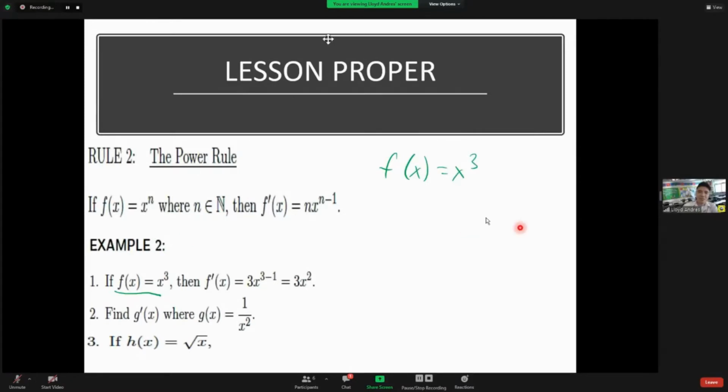Okay, the given is f of x equals x cubed. To solve for the derivative without using that long formula, you simply make the exponent the coefficient.